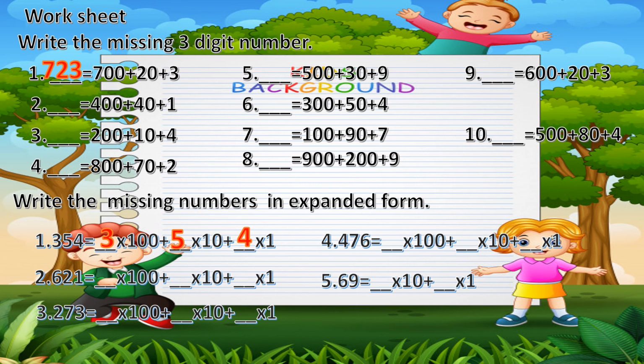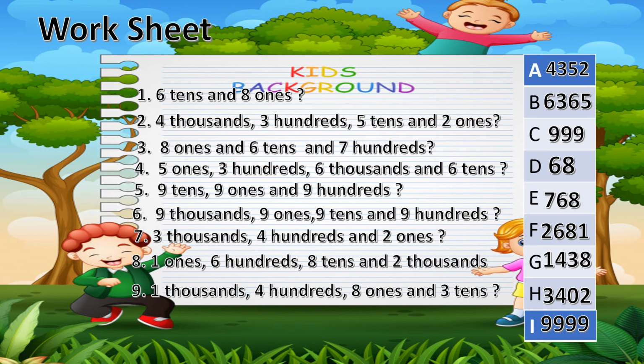Okay, I presume that everybody was finished. Now we're going to move on to another worksheet. Here is another exercise for you children, so it will help you to practice more and learn about what we are studying. Okay, this worksheet is a matching type. You're going to find your answer on the right side.